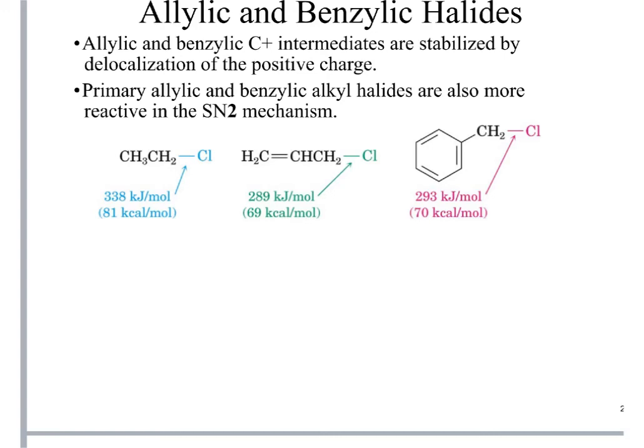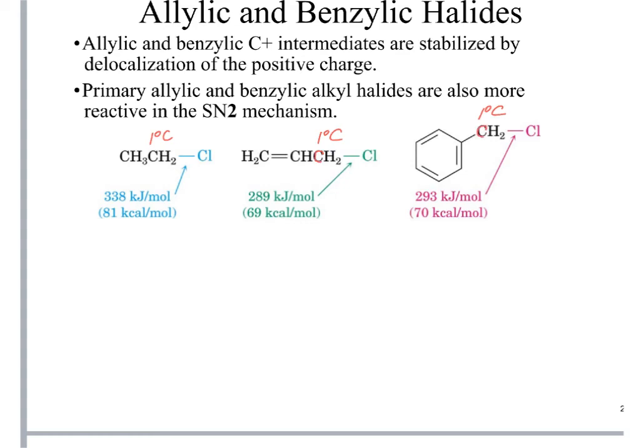If we compare the bond dissociation energies of bonds between primary carbon atoms and chloride, in each case we have a primary carbon, we see that for the primary alkyl halide that bond is a little bit more stable, by between 10 and 15 kilocalories per mole depending on the structure, owing to the resultant delocalization of the allylic and benzylic carbocations.